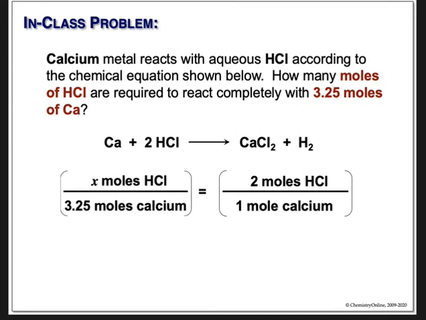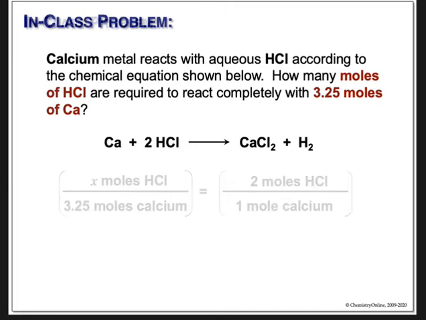Again, on your calculator, at this point, you could just take 3.25 times 2 divided by 1 and get your answer. If you want to feel more comfortable, take this, multiply it by a ratio here.